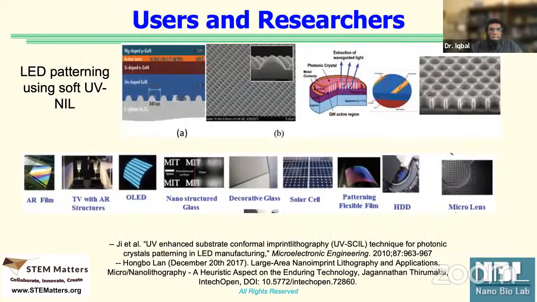I'm just sharing the LED patterning, where this A is showing you the close-up view of different materials that would be patterned. The B is showing you the actual LEDs. You can see thousands of LEDs can be created with that pattern. And that pattern is then shown on the extreme right.